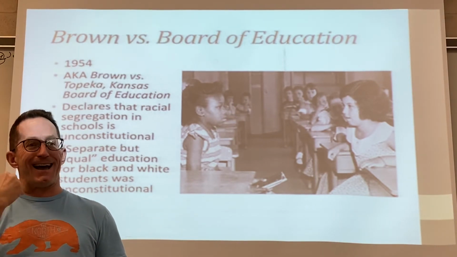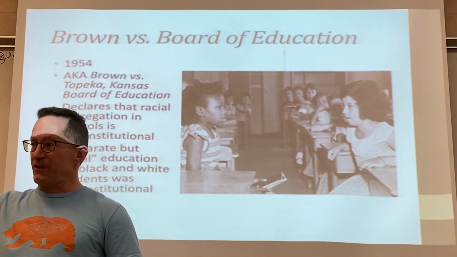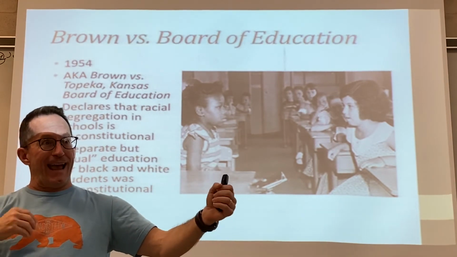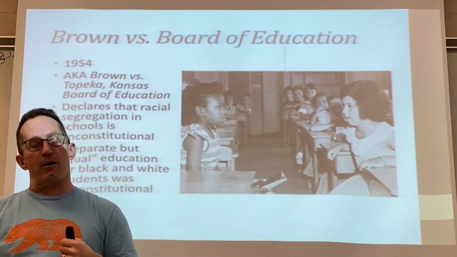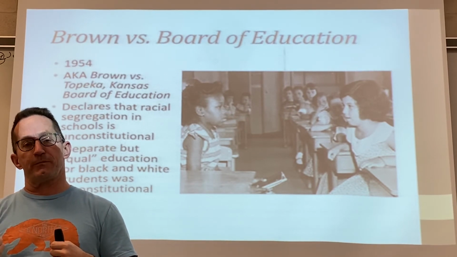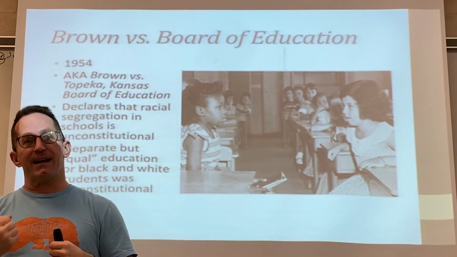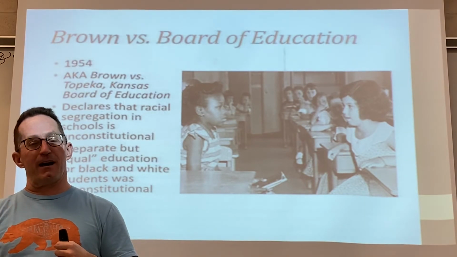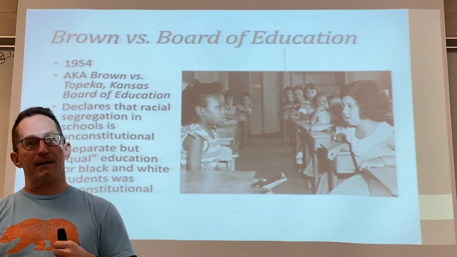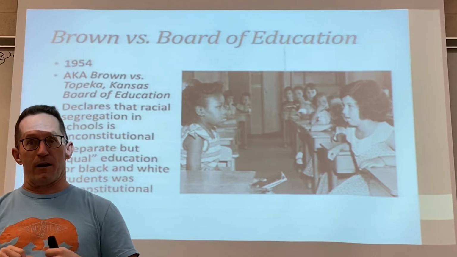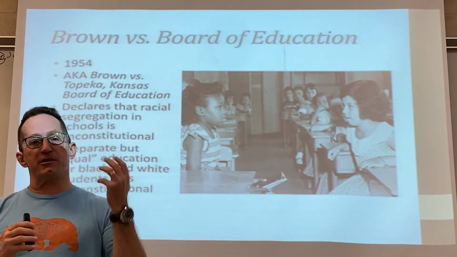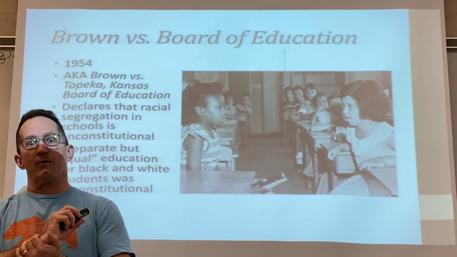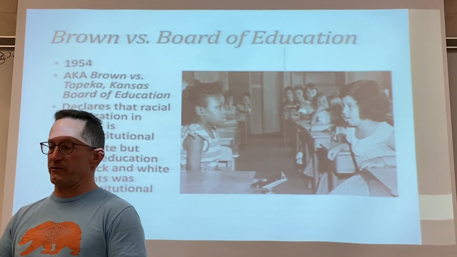You cannot say we have separate but equal facilities and say that's consistent with the 14th Amendment, which says we all get equal protection under the law. The Supreme Court is going to say, clearly, separate but equal is problematic because, one, they're going to argue it is not equal, that they are unequal, and two, the 14th Amendment says we all deserve equal protection under the law.